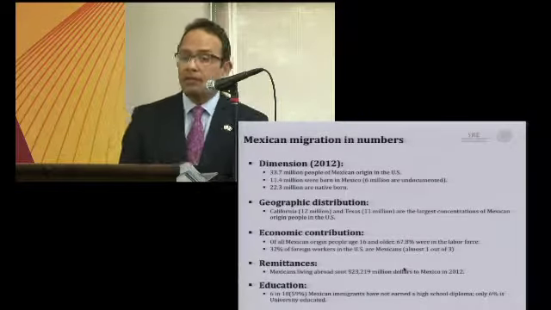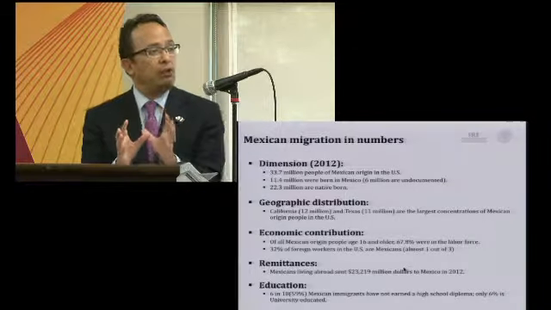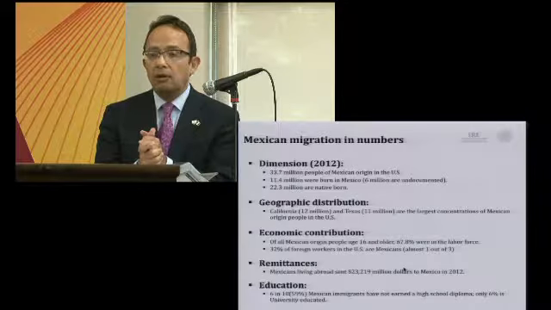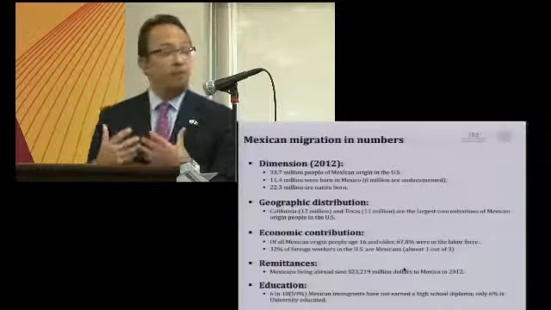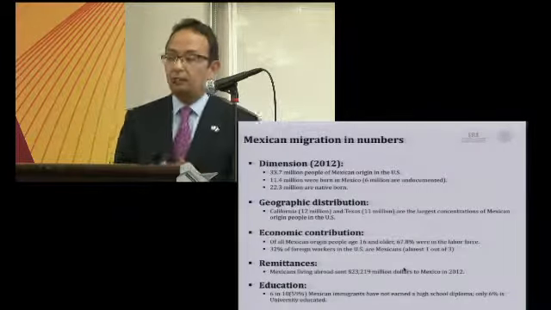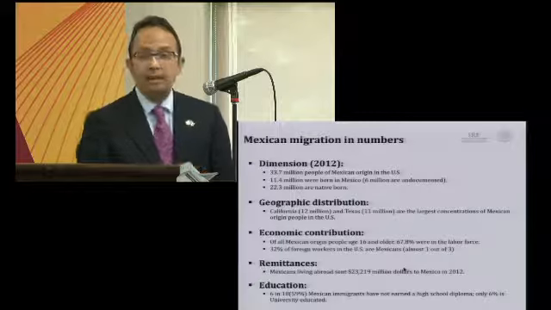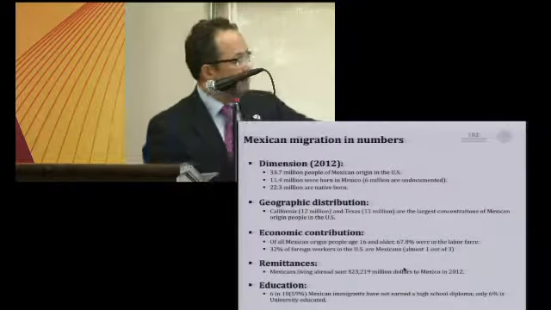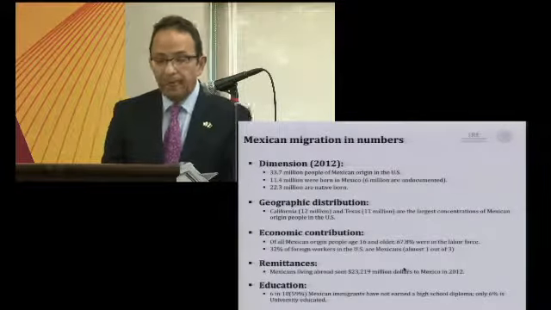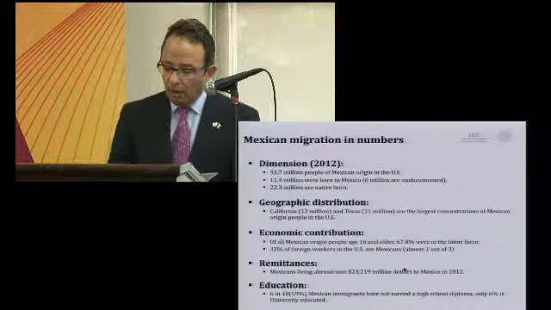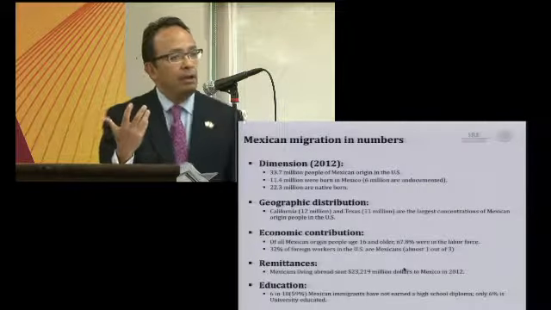Another very important characteristic that makes the Mexican diaspora different from other diasporas is that it is concentrated in one single country. There are many Mexicans all over the world, but because there are so many here, 98% of our diaspora is living in the United States. And the third characteristic that I would like to call your attention to is that the Mexican diaspora is concentrated at the bottom of the social pyramid. 60% of Mexican immigrants do not have a high school diploma.